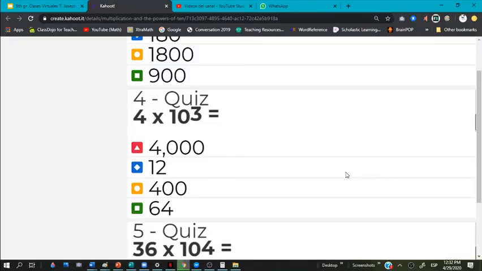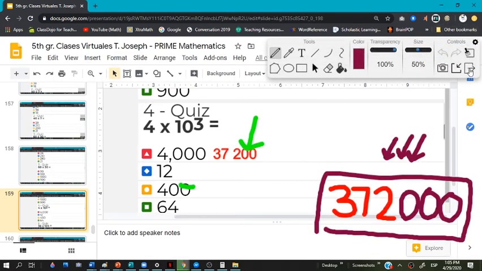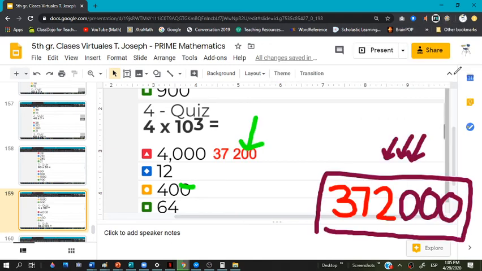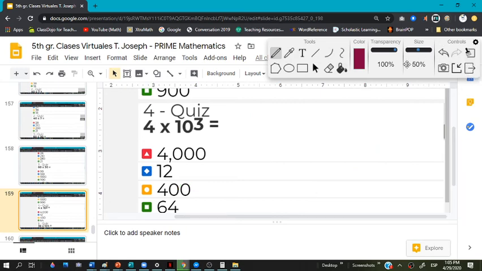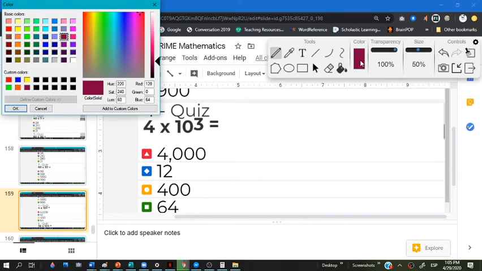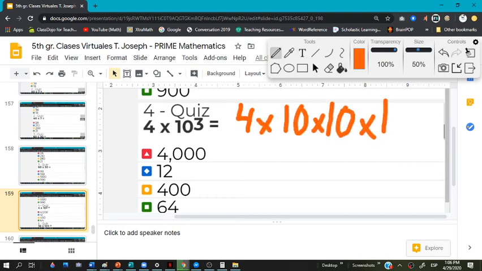And then we also did problems with exponents. So for example, 4 times 10 to the power of 3, which we just saw before, was 10 times 10 times 10. Okay, let me actually do that problem to show you. Let me erase all of that. Okay, let's do this problem together. 4 times 10 to the power of 3 is actually 4 times 10 times 10 times 10.